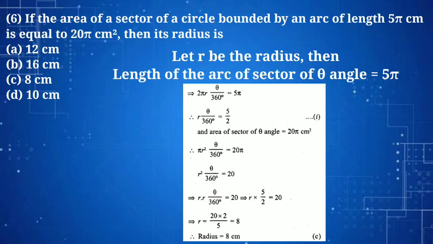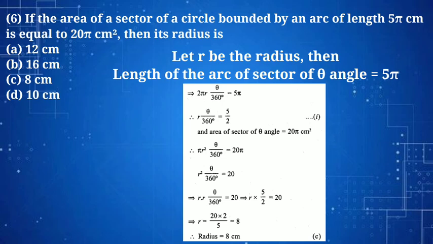Here we know theta by 360 into 2 pi r is equal to 5 pi. After the cancellation you will get r into theta by 360 equal to 5 by 2, equation number 1. Then area of the sector is equal to theta by 360 into pi r square, that's equal to 20 pi. Pi cancels, you will get r square into theta by 360 is equal to 20.